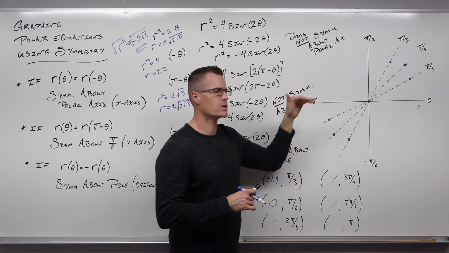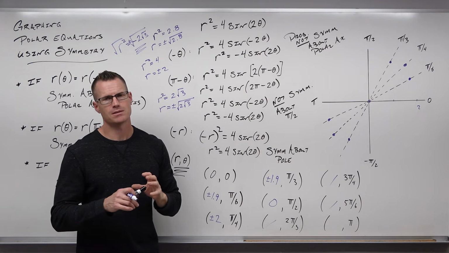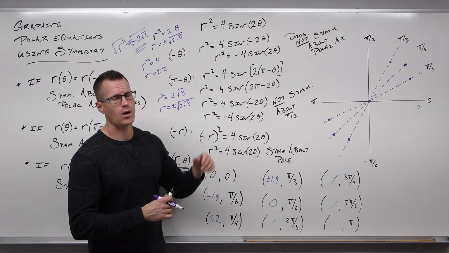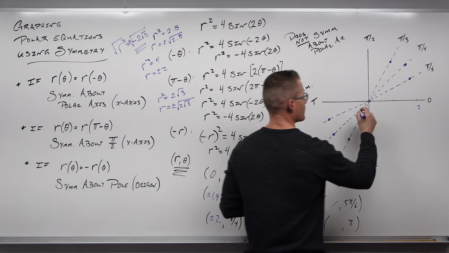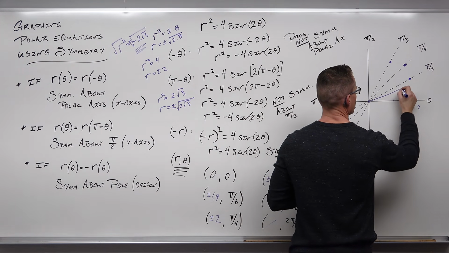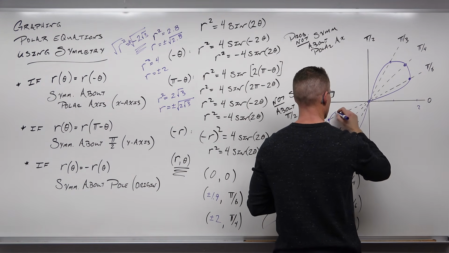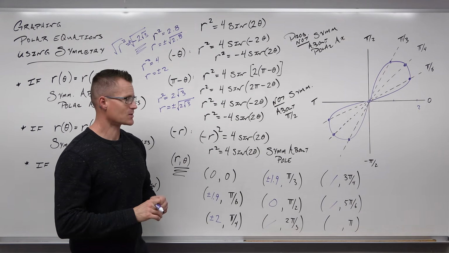Because sine was negative for those values, and when you reflected them, it doesn't make sense to reflect an imaginary number. It doesn't make sense to plot an imaginary number on our polar coordinates. So we just really have this graph. It's called a lemniscate. So kind of interesting.